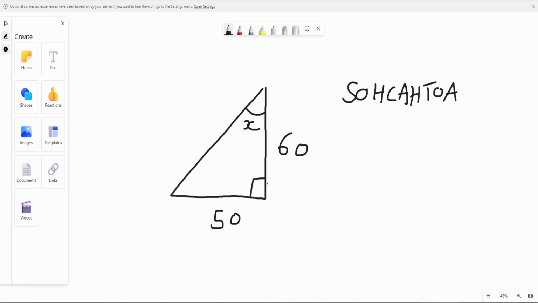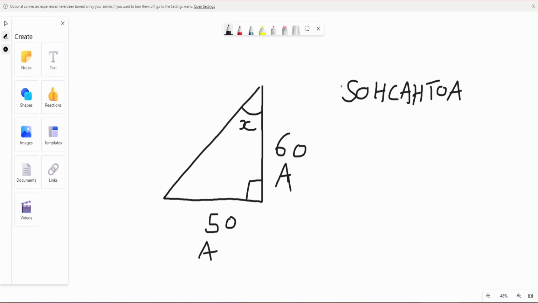So we have an adjacent given and we have another side given. So let's see what we can do here. Let's look at SOHCAHTOA and find where we can utilize the two given sides to find our angle. Here we can't because we have an opposite, but we don't have a hypotenuse.